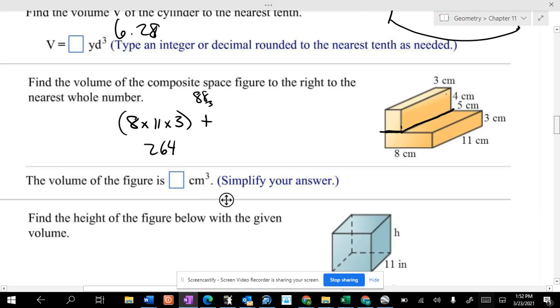Then you have to find the volume of the top. The top is 3 wide, 11 long, and 4 high. So it's 3 times 11 times 4, which is 33 times 4, which is 132. If you add those together, you get 396.